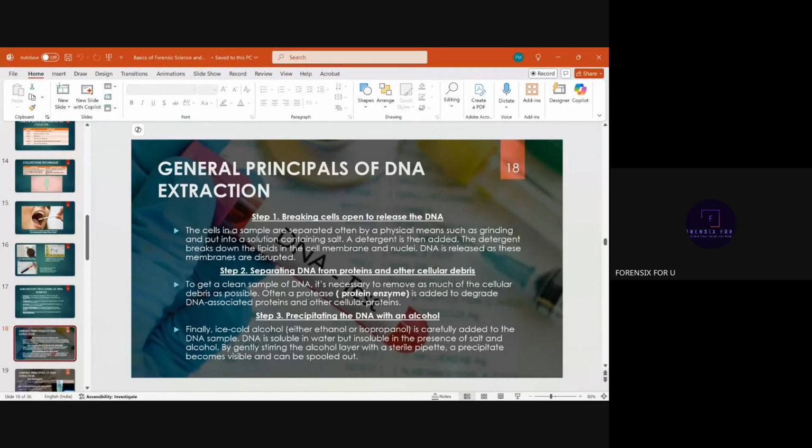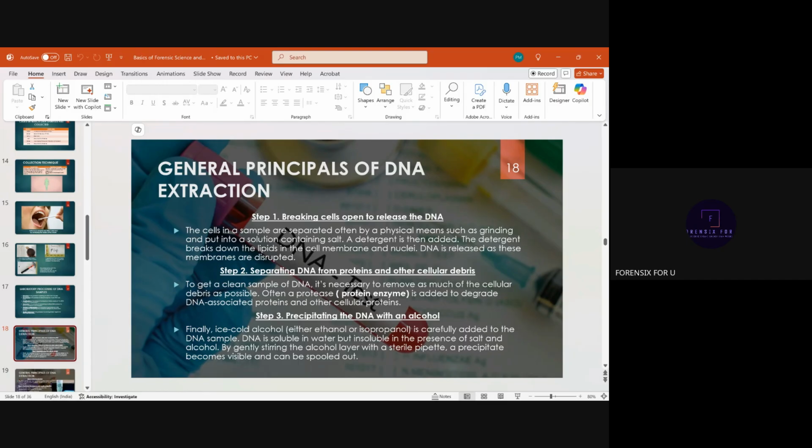So in order to analyze or interpret DNA, we have to break open all these walls and release the DNA from inside the nucleus. So the first step of DNA extraction is the breaking open of the cells so that the nucleus is exposed.